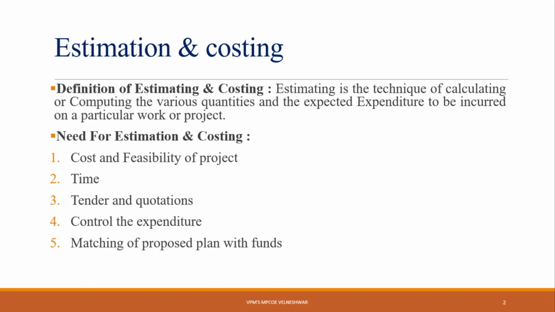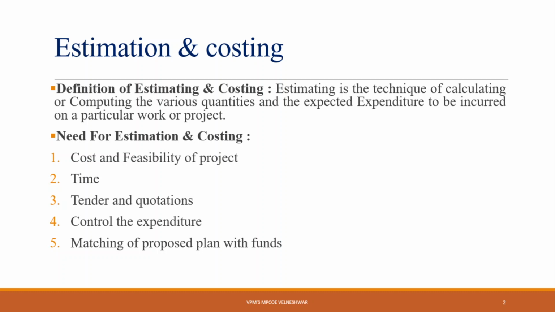Now, the need. In case the funds available are less than the estimated cost, then the work is done in parts or by reducing it, or the specifications are altered.